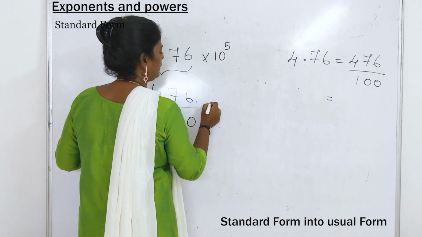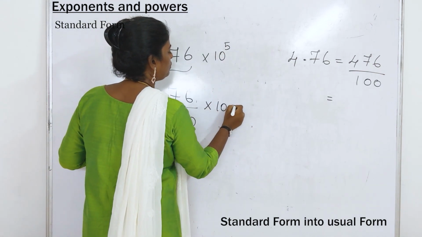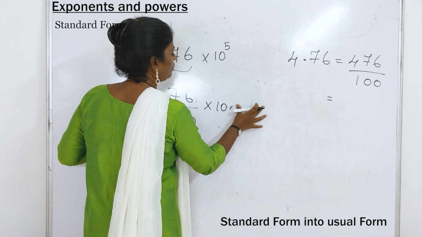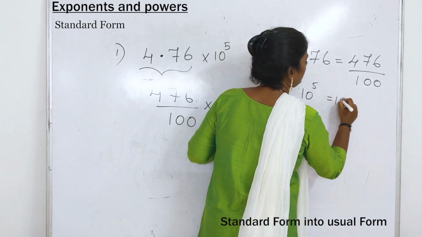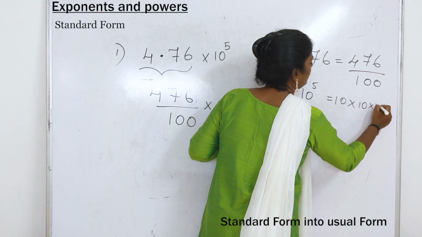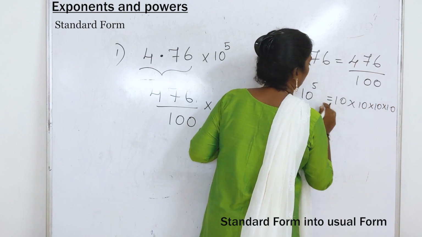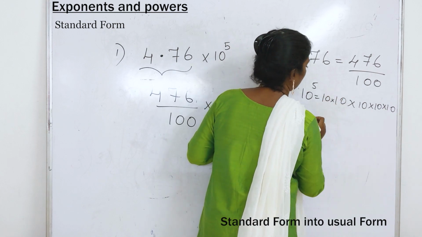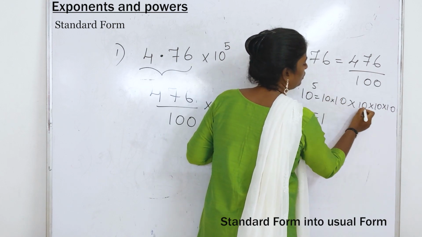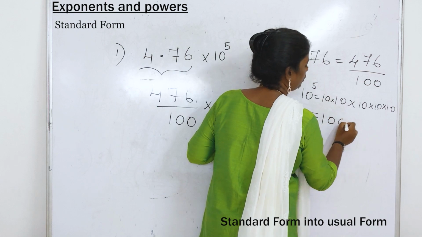10 to the power 5 is nothing but 10 into 10 into 10 into 10 into 10. So 5 tens are here, 1, 2, 3, 4, 5. 5 zeros we need to put.